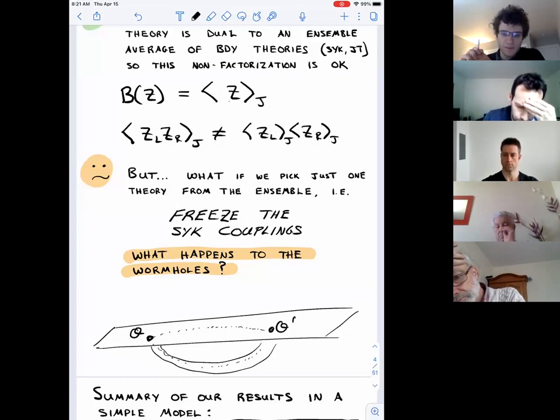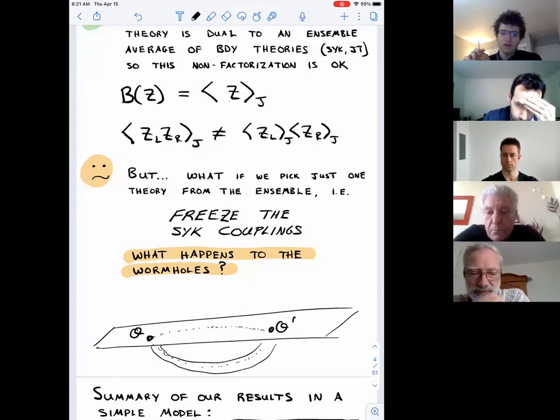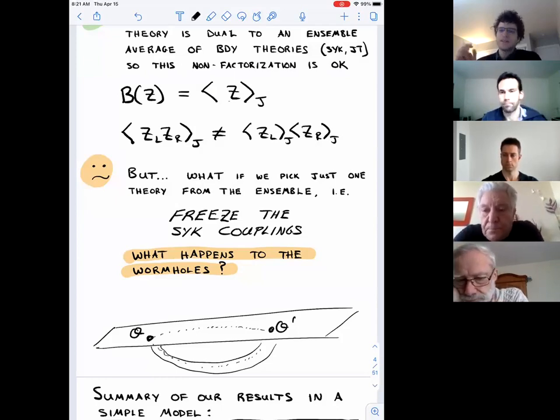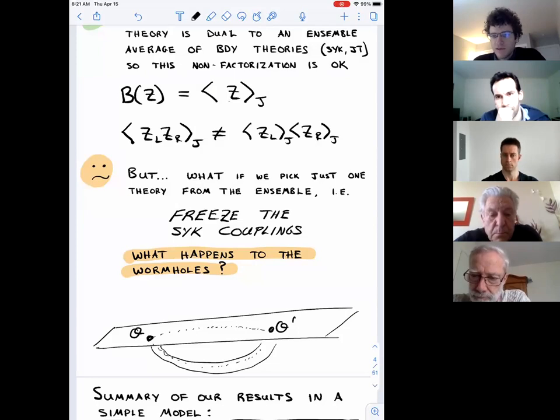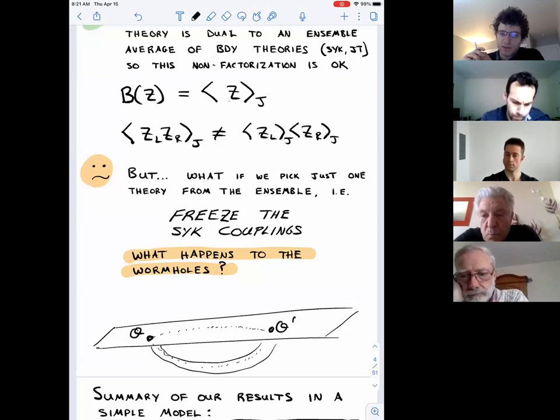For the bulk operators, I can understand, but for the boundary, it's clear because usually in holography you have two asymptotic behaviors near the point for the fields. Well, but if we do have a configuration in the bulk where we have a wormhole connecting very distant points like this, then the correlation function on the boundary between those points will not be so small, just because those points actually aren't far away from each other.